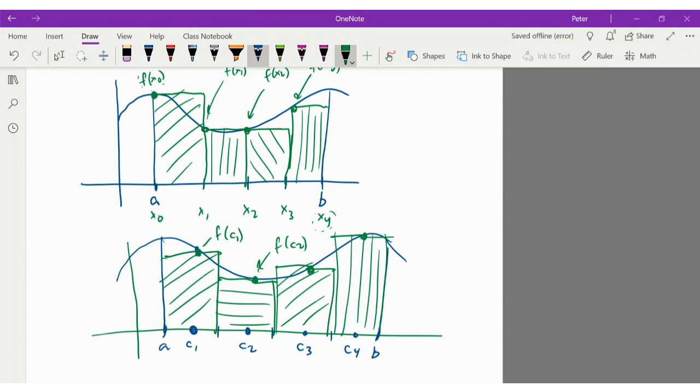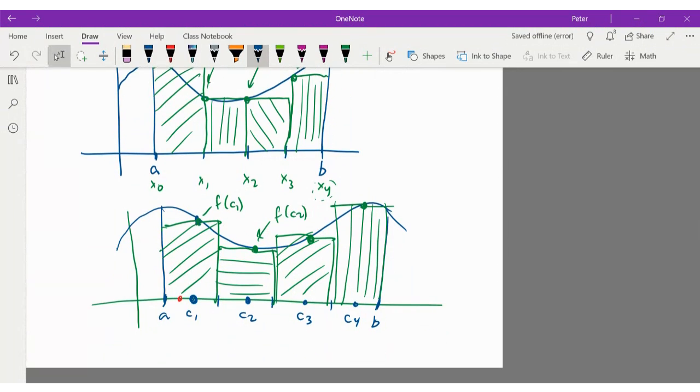I could arbitrarily decide to use a point like that. As long as it's somewhere in the subinterval, I can plug it into f and get an appropriate height for the rectangle. So any of those would give a reasonable approximation of the area under the curve on the interval AB. Is there any question about that?